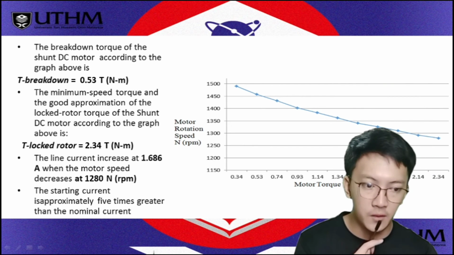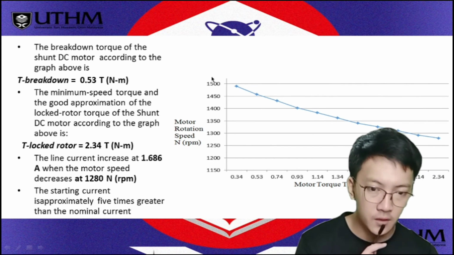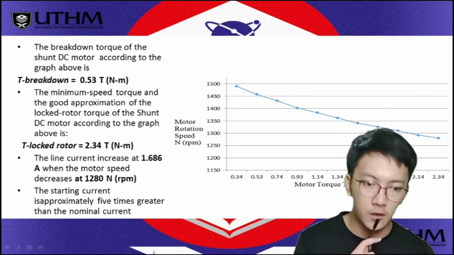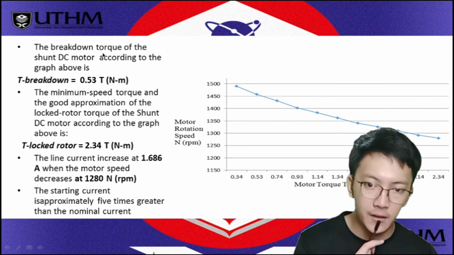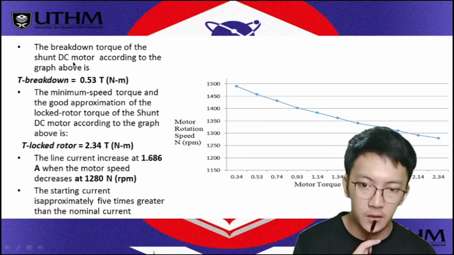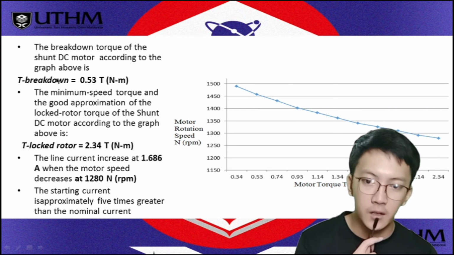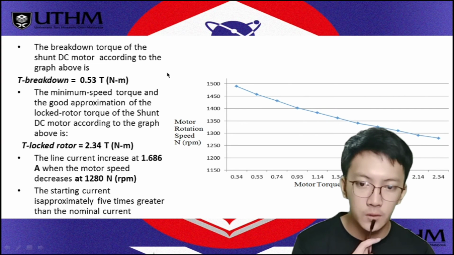This is the graph that we made, the same as before, motor rotation speed versus motor torque, and the breakdown torque of the shunt DC motor according to the graph is T breakdown equal to 0.5 T Nm.